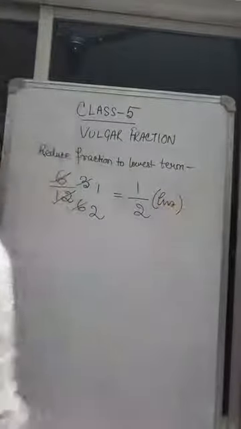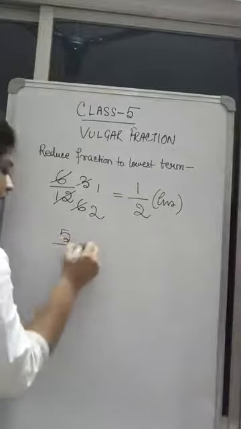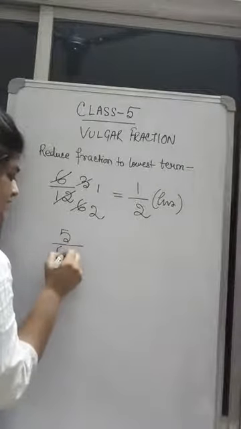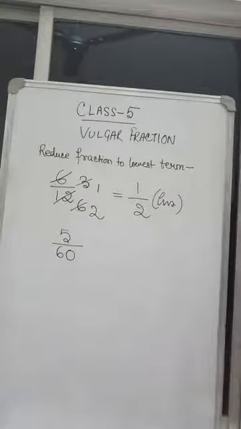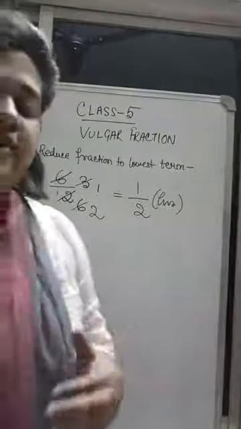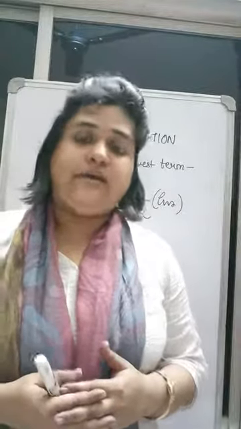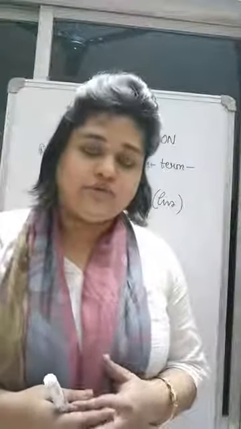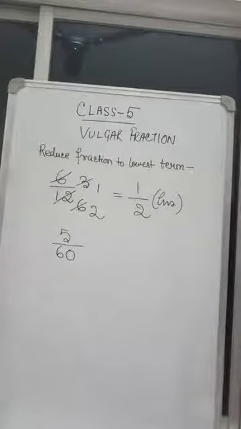In the same way, if I do 5 by 60. You can see, as I said, if I need to reduce, I need to reduce both the numbers by dividing them with the same number. So if I divide the numerator with 2, I also need to divide the denominator with 2.